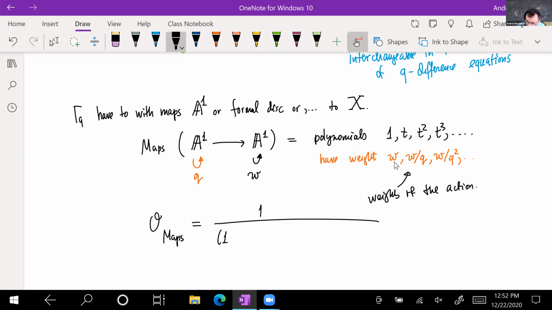If I have a coordinate with weight w, it means I have to put w inverse here, and then 1 minus q w inverse, and then 1 minus q squared w inverse, and so forth. That makes sense? This is the character.